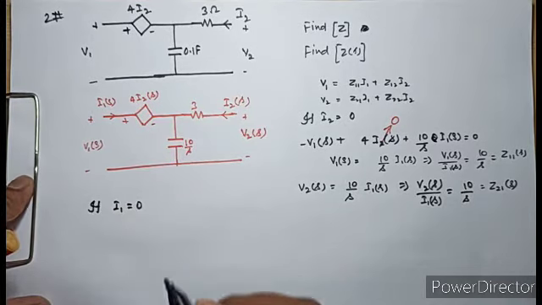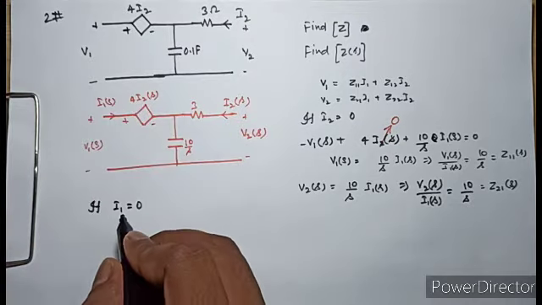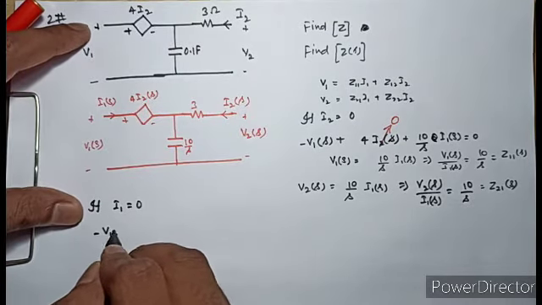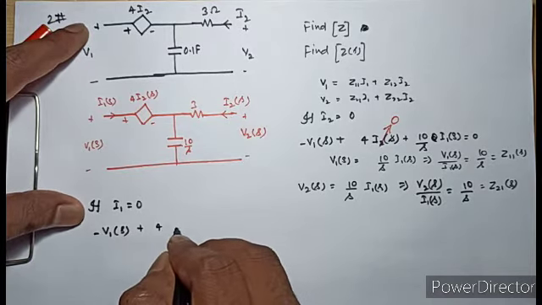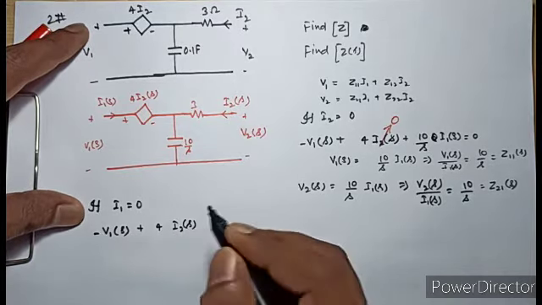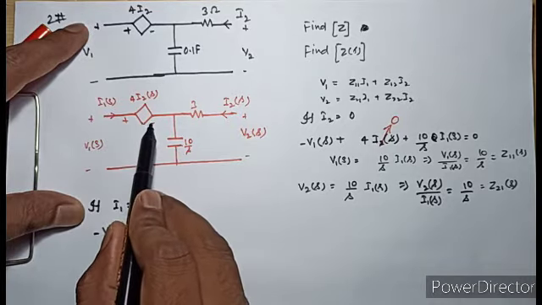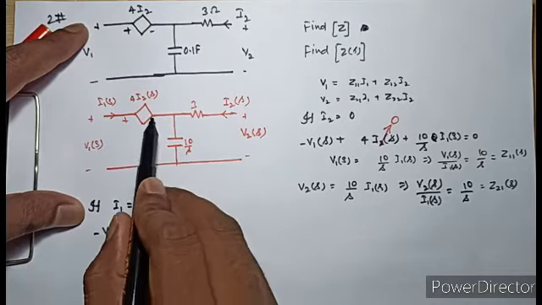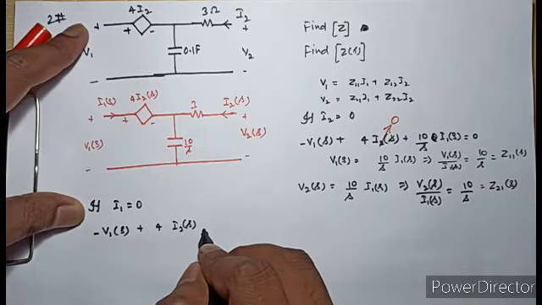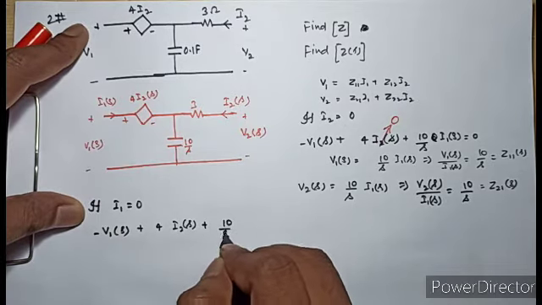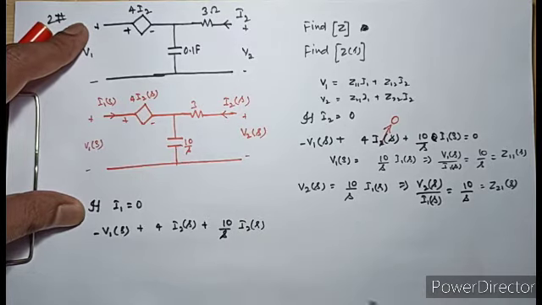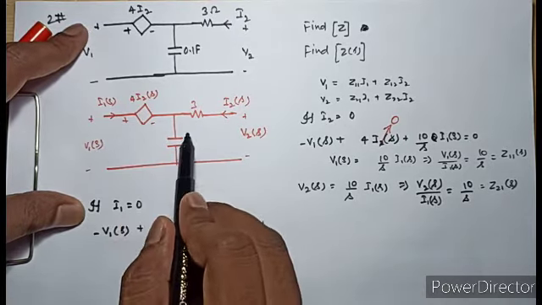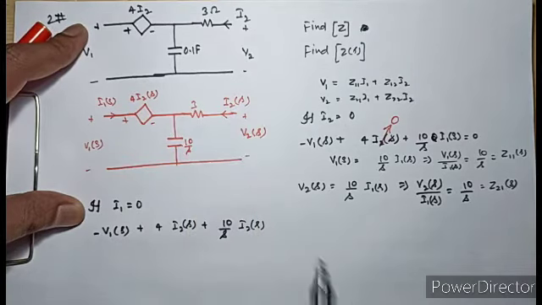Now if I1 is equal to 0, then writing KVL in this loop, we will have minus V1s plus 4 I2s, right? Voltage drop across this, because in this case I2 is not 0, plus 10 by S I2s, because I1 is 0 and whatever current flowing through this will be I2s.